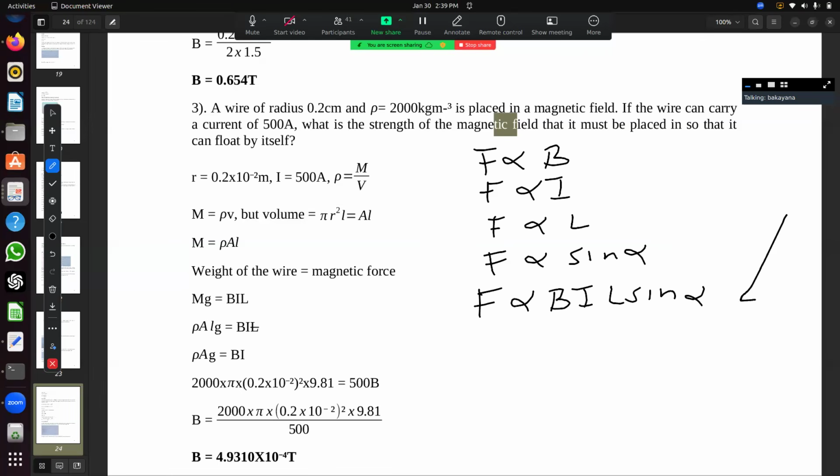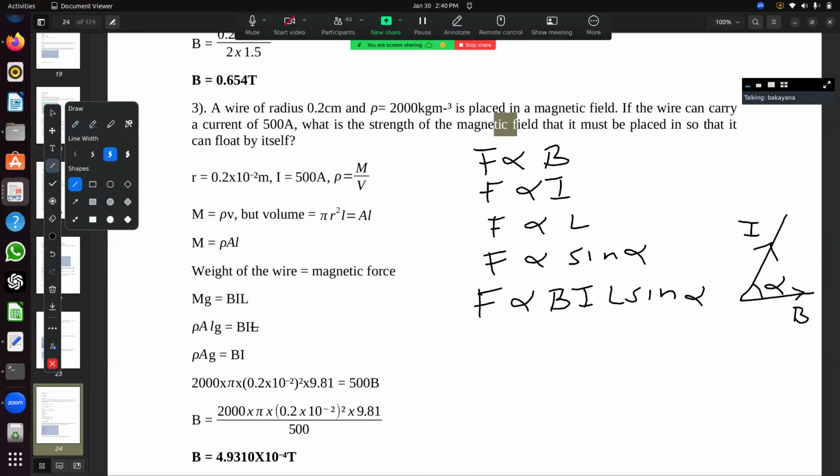This alpha is the angle made between the conductor that carries current and the direction of the magnetic field. In other words, we always have to resolve to get a component that is perpendicular to the direction of the magnetic field. We resolve B and get a component that is perpendicular to the current. Yes, something like this.